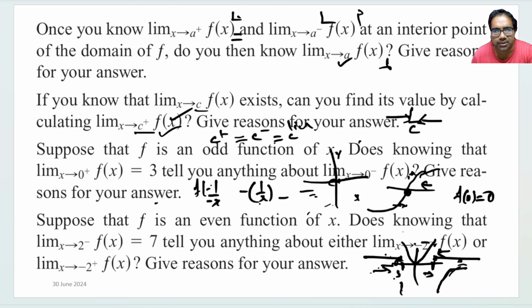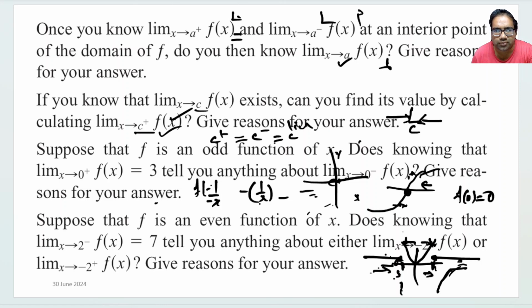If you know what is happening as you move from the left towards this point 2, that means as we move from the right towards minus 2, we know this point, because this is symmetric with respect to the y-axis. So we know this point, but we cannot know this point.